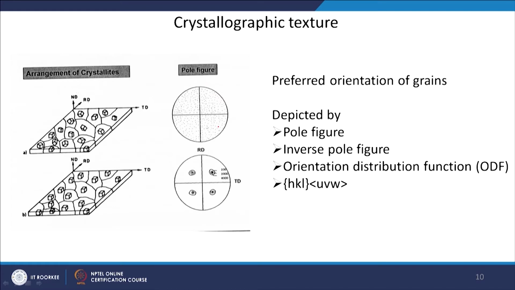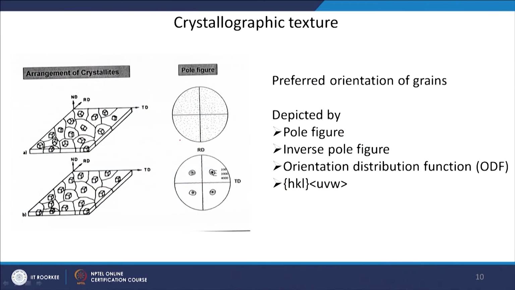We can show this kind of orientation information through one characterization technique, for example a pole figure. I can use a pole figure to depict the information about the orientation of the grains. When all the unit cells are randomly oriented in each grain, each individual point gives you the orientation of one grain.